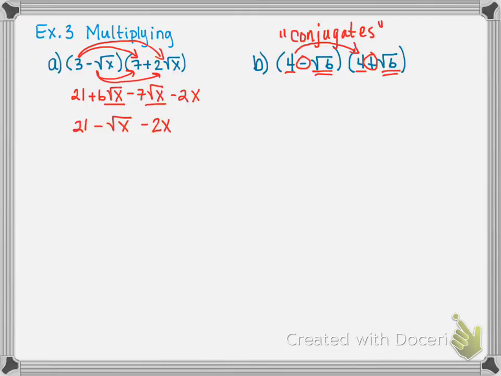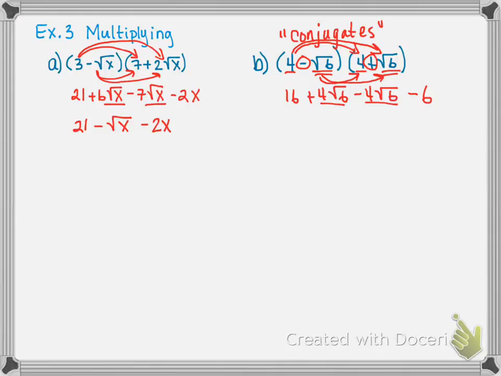So 4 times 4, 16. 4 times radical 6 is 4 radical 6. Negative radical 6 times 4 is negative 4 radical 6. Negative radical 6 times radical 6 is negative 6, because remember, it would be negative square root of 6 squared, which is negative 6.